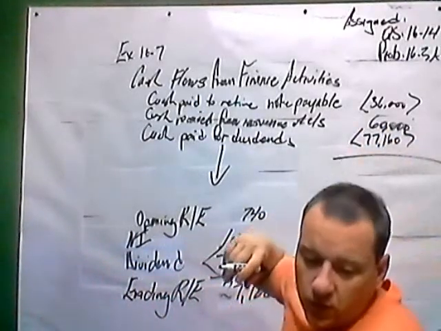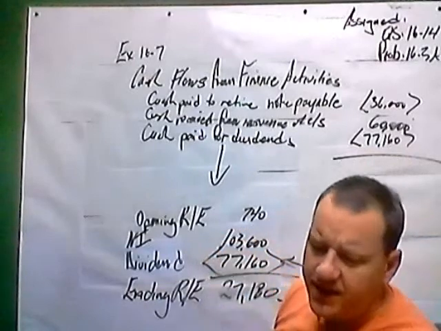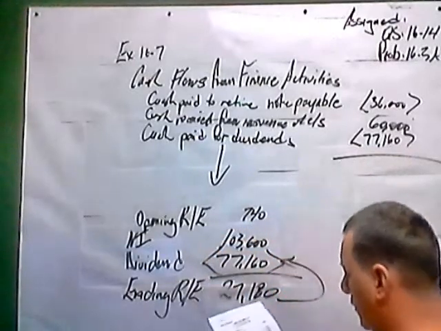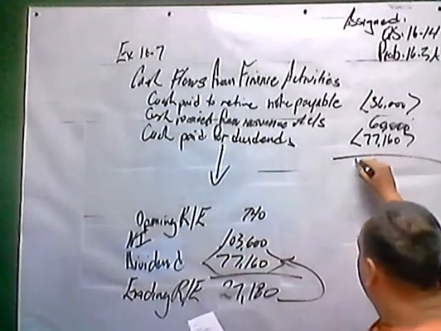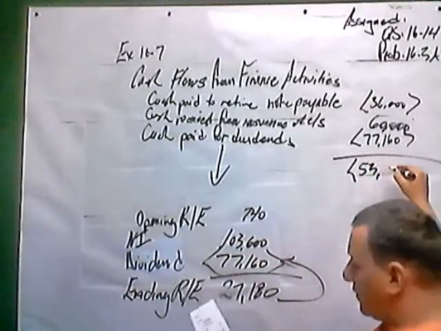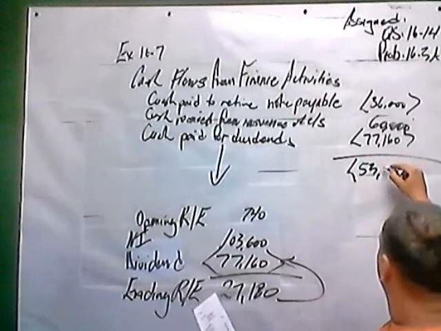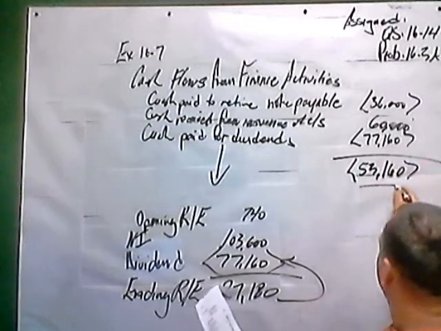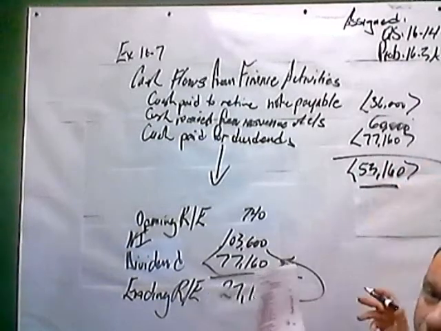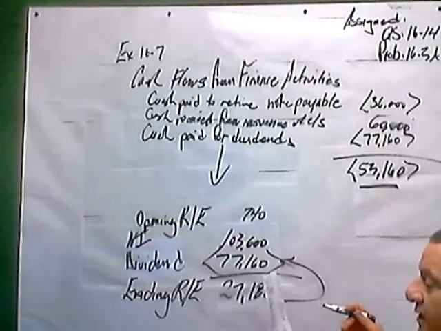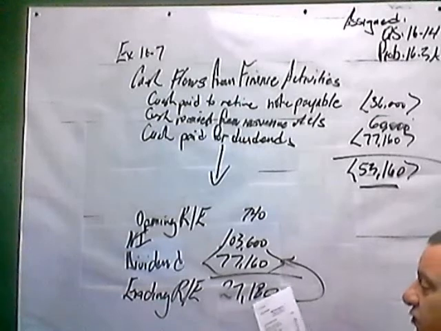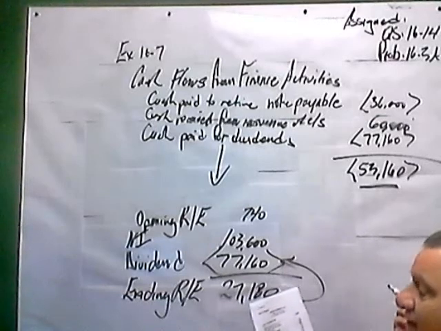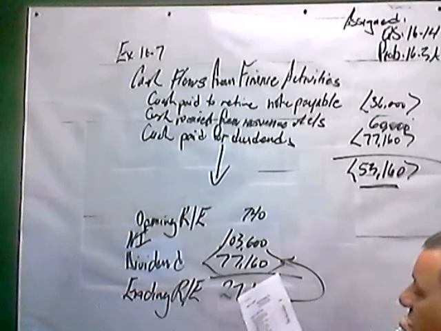As a result, we have a net cash outflow from financing activities of minus $53,160. So that then is the financing activity section. Now, I've assigned the first two parts of this question. I can't remember, what was it, last week sometime?